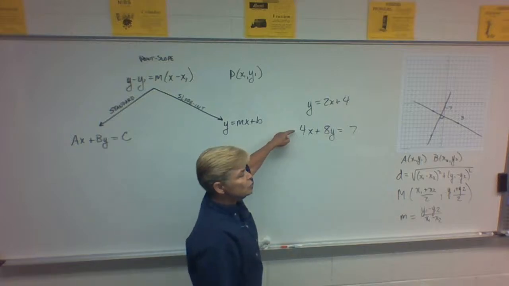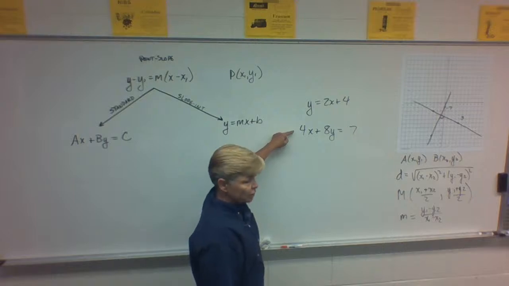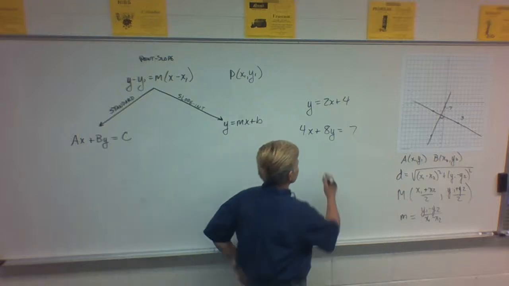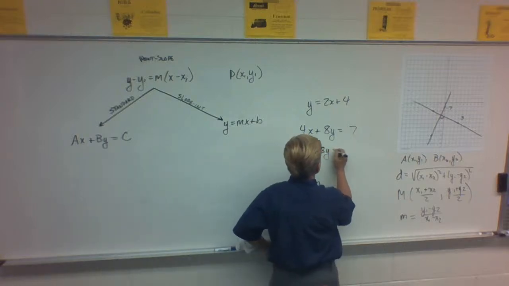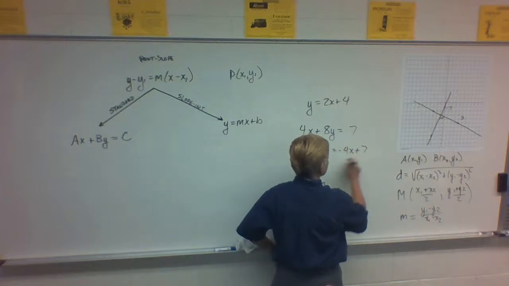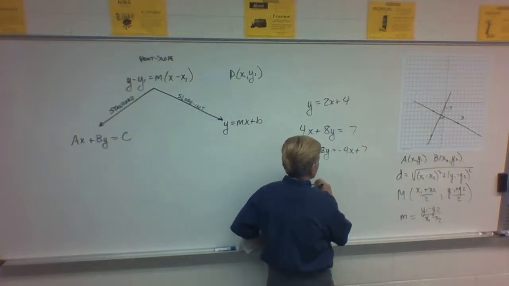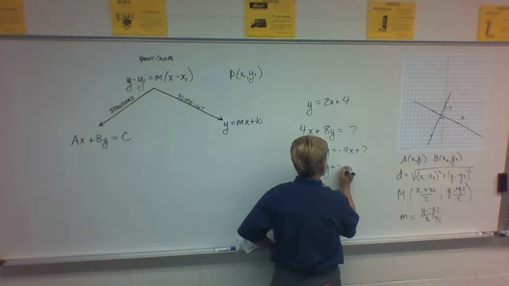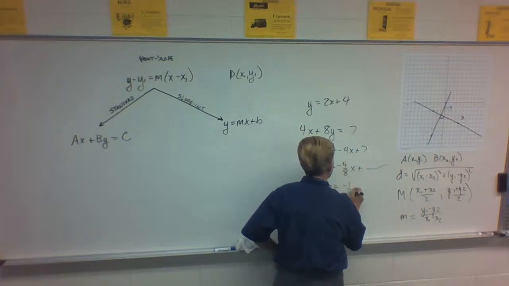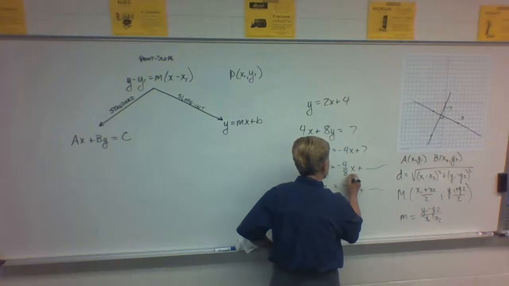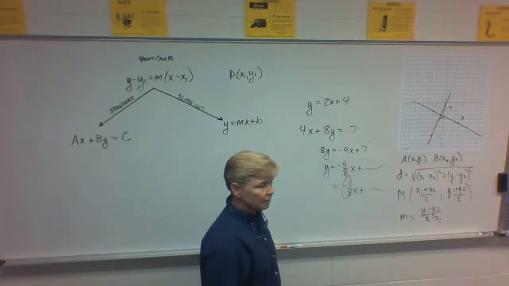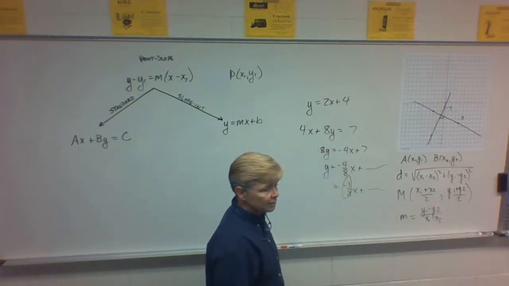Then what slope does this one have to be perpendicular? Negative 1/2. Do y'all see that? Now let's see if it is. 8y equals negative 4x plus 7. Remember, you tuck it in there and shove the 7 back. And then you divide. y equals negative 4/8 x plus, we don't care, equals negative 1/2 x plus, we don't care. Are they perpendicular? They are. You see how you just make the decision?